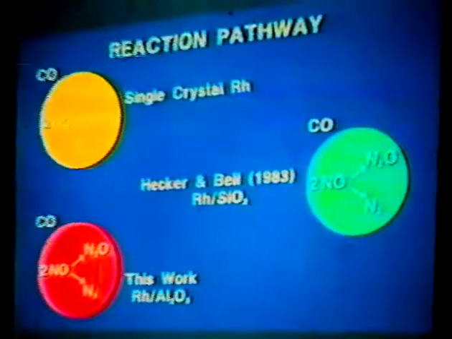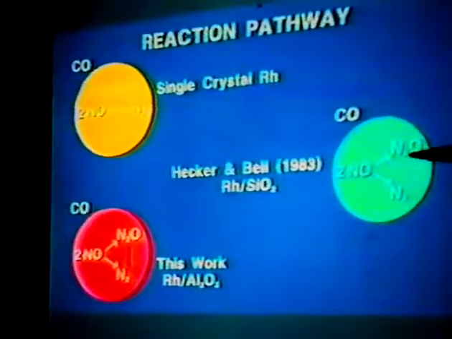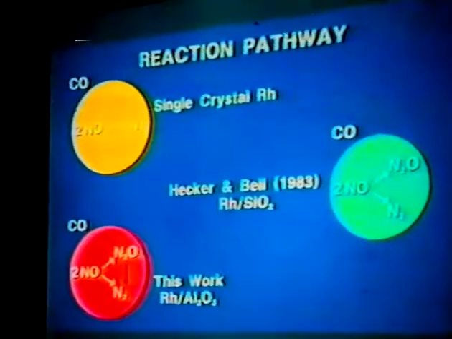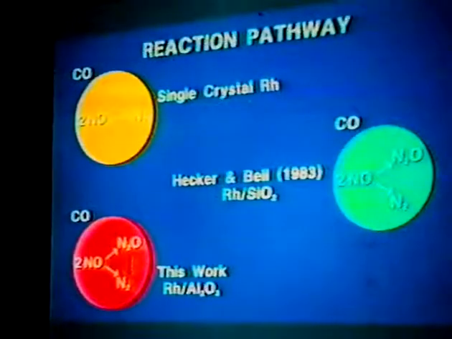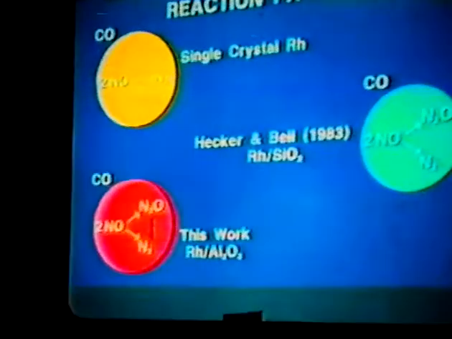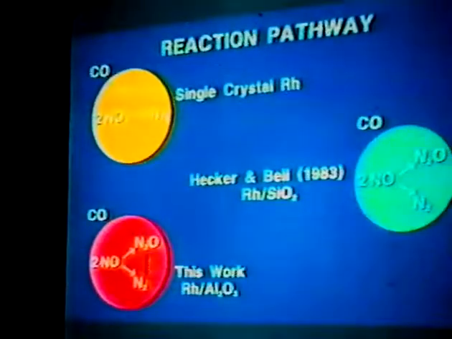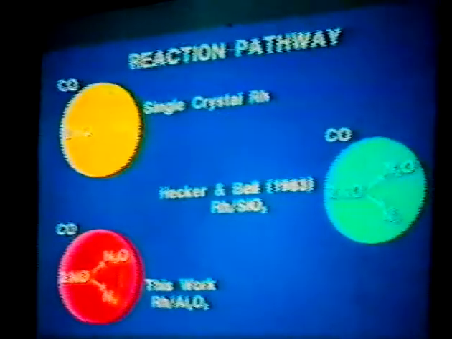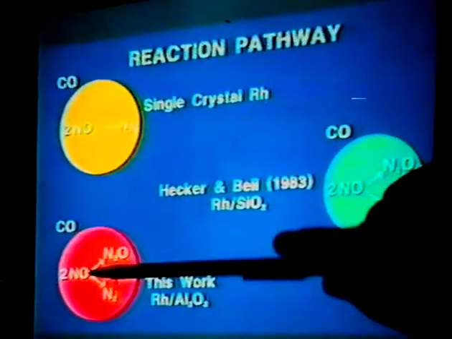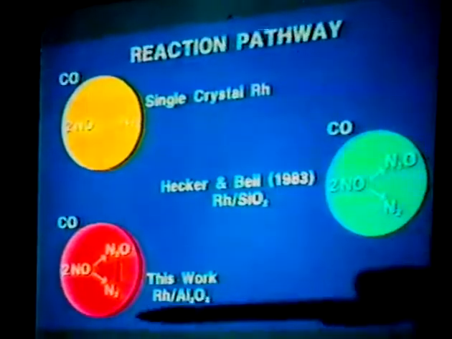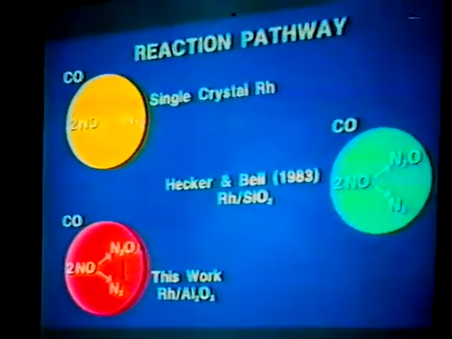But under their experimental conditions, nitrous oxide didn't go any further to nitrogen in the carbon monoxide environment. We observed a slightly different result here, as I showed you. Nitric oxide forms N2O and N2, and N2O further reduces to form N2 by reacting with carbon monoxide.